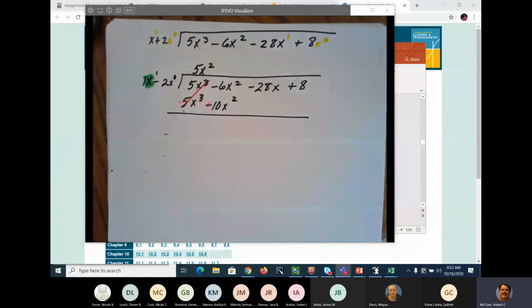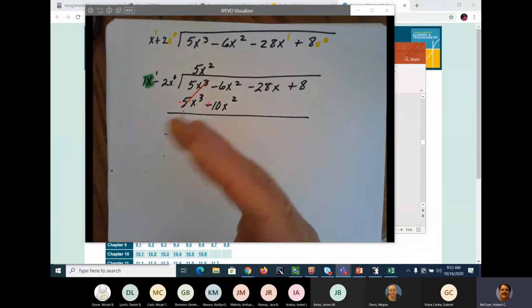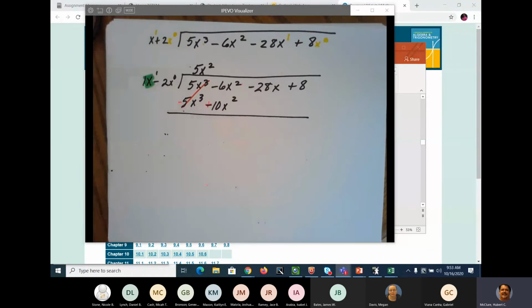Now, if you notice, I'm saying the same thing over and over. I've done this problem. This is my 3rd example. And if you notice, I'm doing everything the same. You don't change horses in midstream. You learn how to do it, and then you keep doing it over and over.